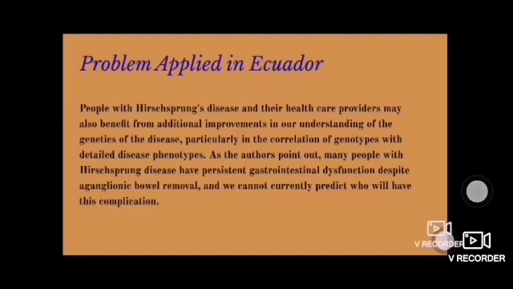People with Hirschsprung disease have their air problems may also benefit from addition in prevention in her understanding of the genetics of the disease, particularly intent correlation of genotype with the latest disease phenotype has the hard to point to may prepare with Hirschsprung disease have presence gastrointestinal dispersion the aspect aggravated borrowing removal handweight cannot correctly products word will have this complication.